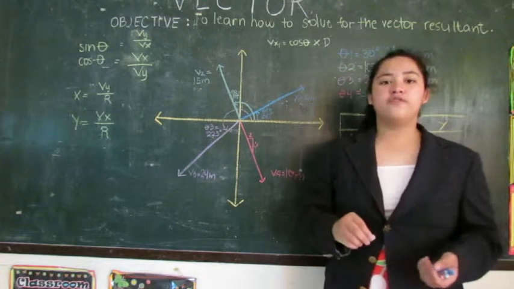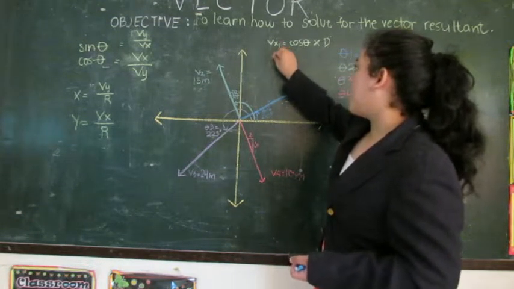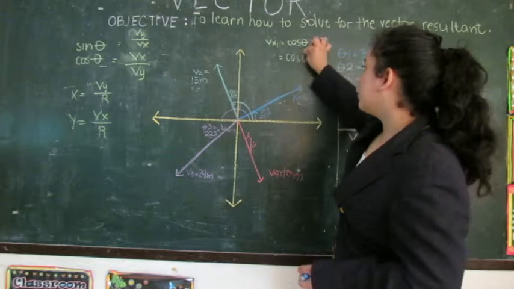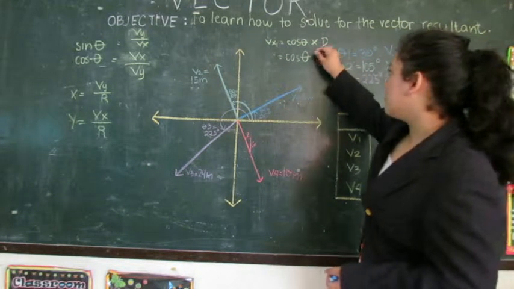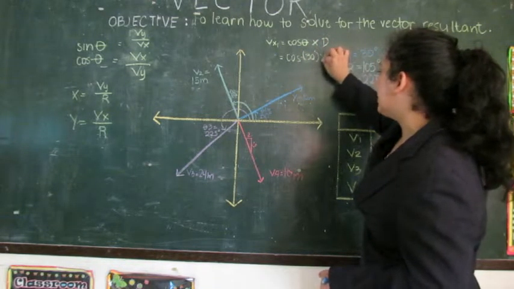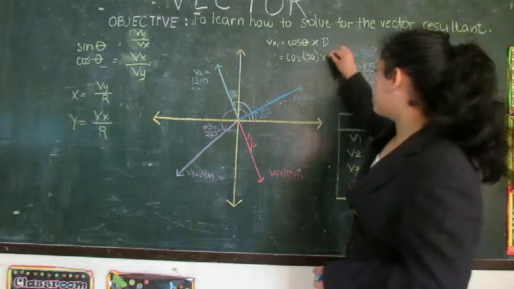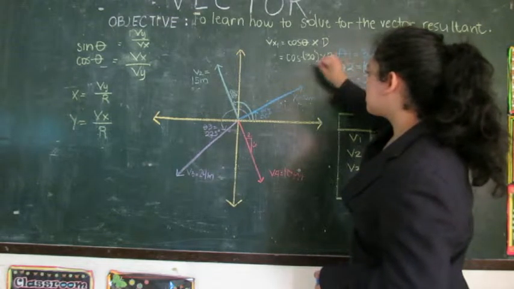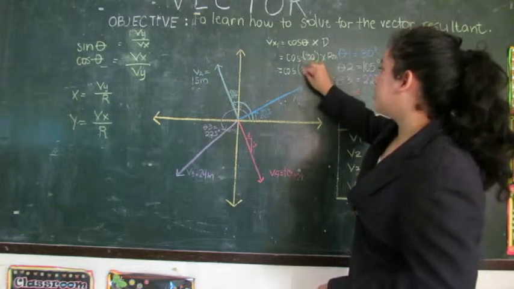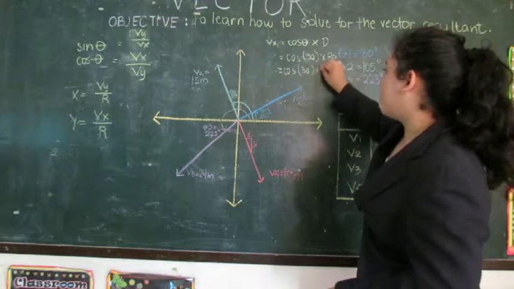So Vx equals cosine of the angle of 30 degrees times the distance, which here is 12 meters. So 12 meters equals cosine 30 times 12.